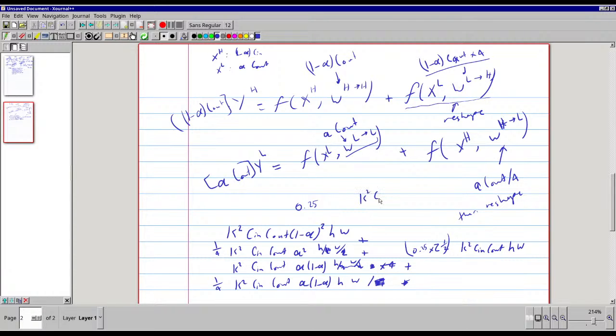Otherwise, it would have been K squared Cn C out HW, right? So this is 0.5 and 1.25, so it's 0.625, right?